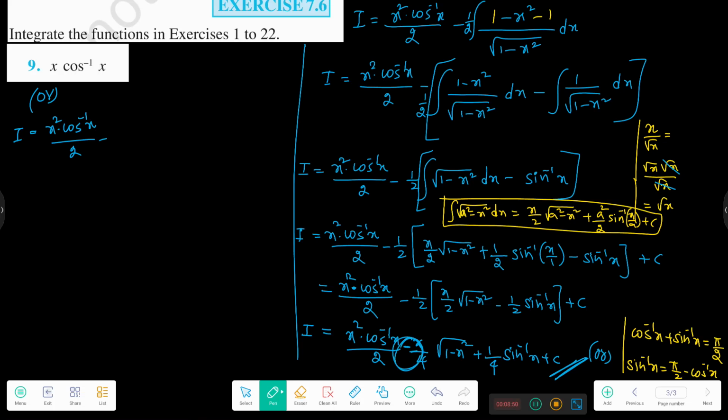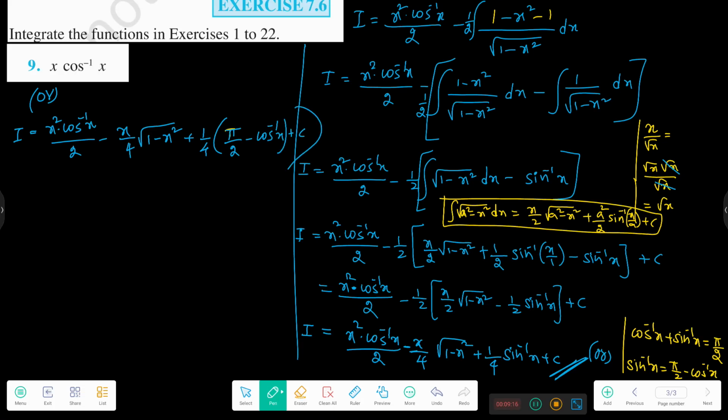Children, here we have a minus. So minus x divided by 4 square root of 1 minus x square and plus 1 divided by 4 into, instead of sin inverse I am going to use pi by 2 minus cos inverse x, plus c.